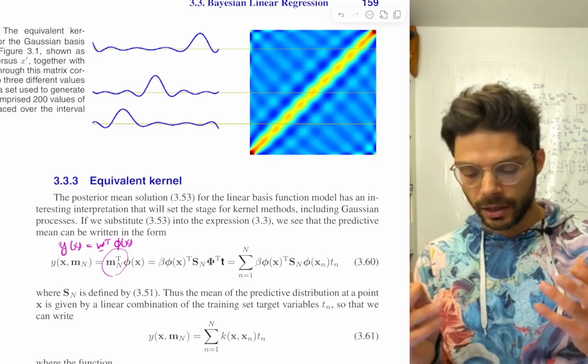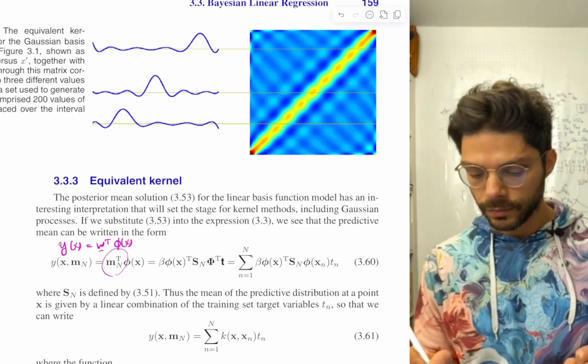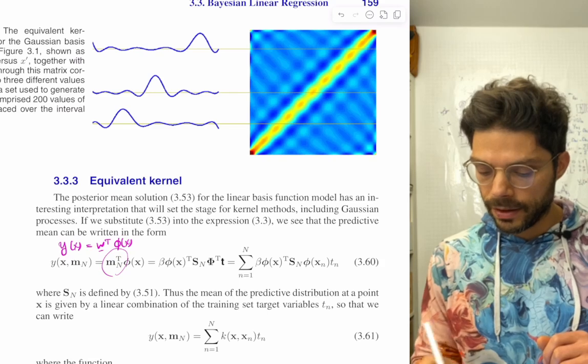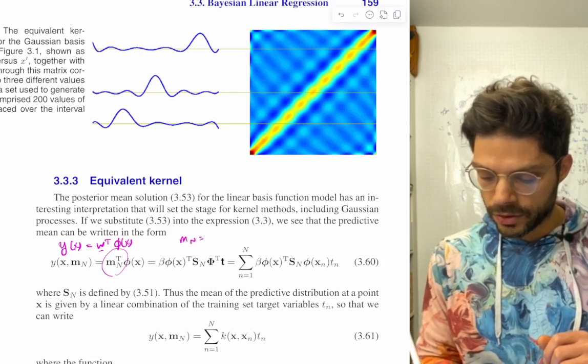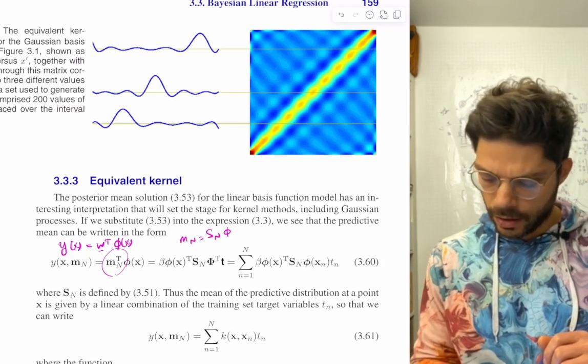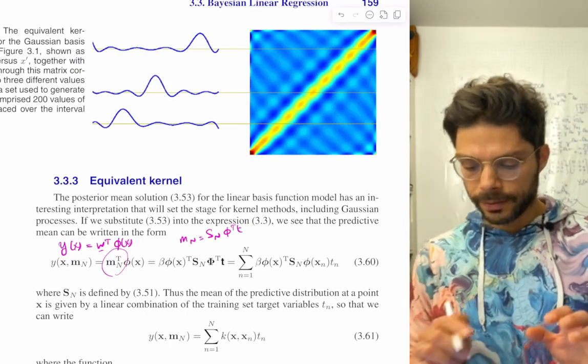And now for the particular setting that we had, where one of our priors was set to 0, this m of n was just going to be equal to s of n times phi transpose t, I believe, something like that.